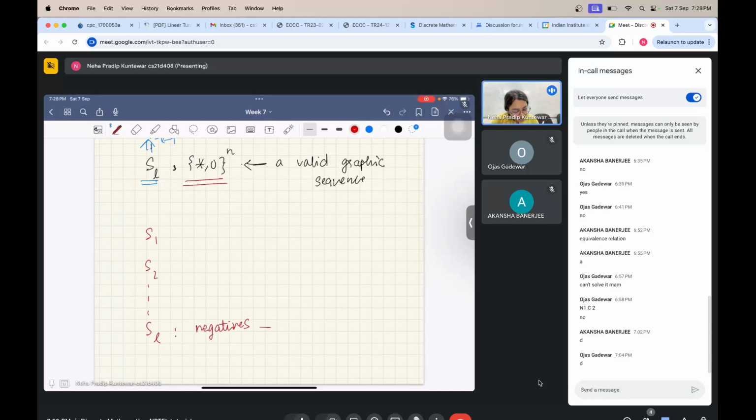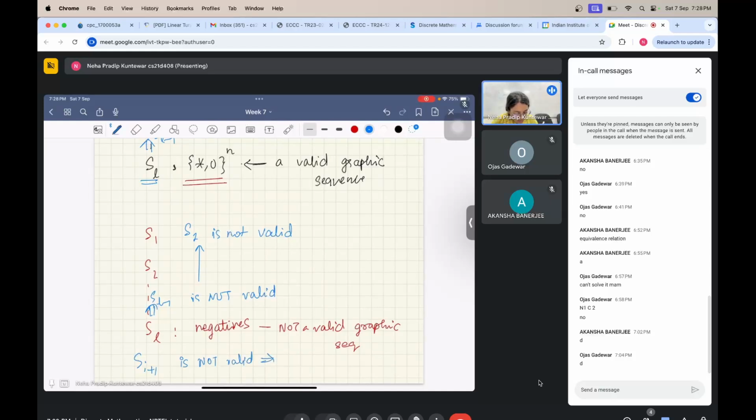Then you know that this is not a valid graphic sequence, and therefore you want to say that if this is not valid, then SL minus 1 is not valid, and this inductively goes all the way here, and finally you say that the sequence that was given to you is not valid.